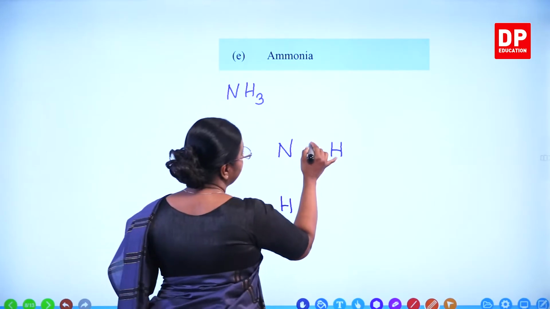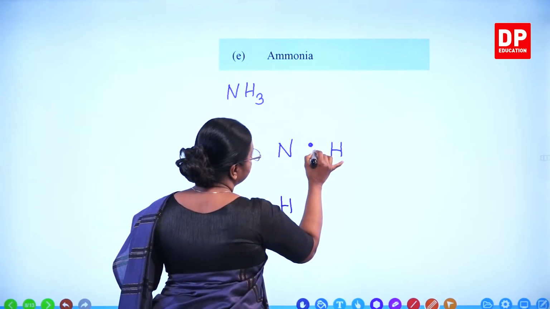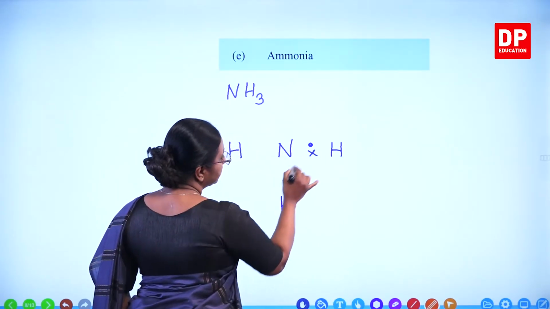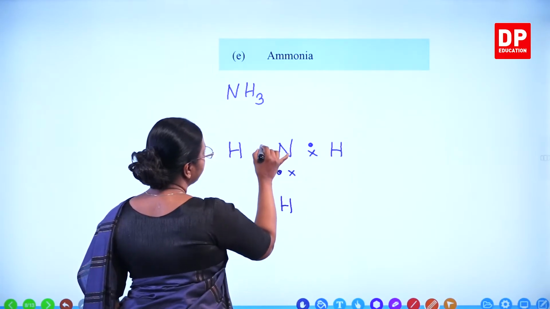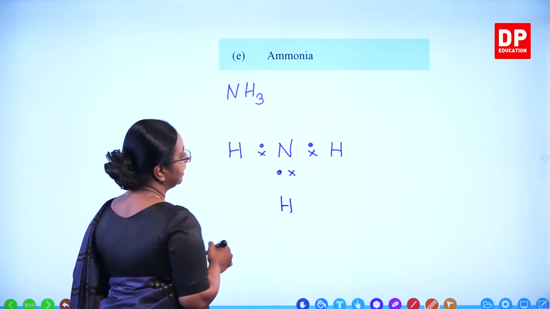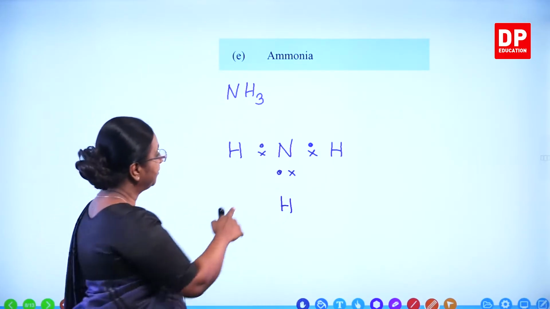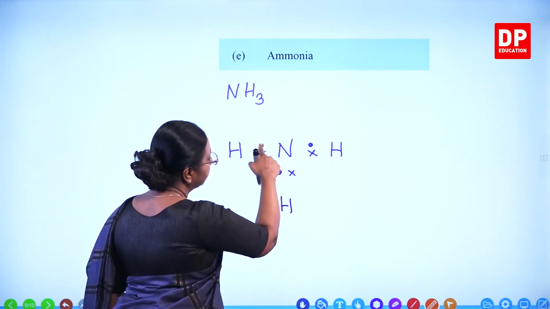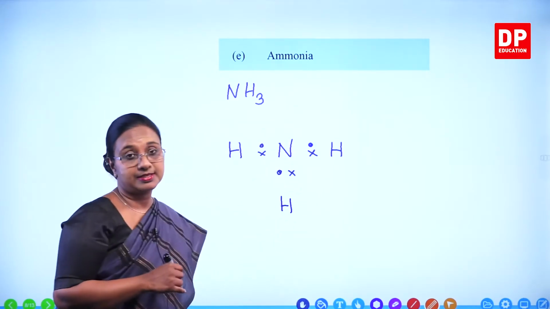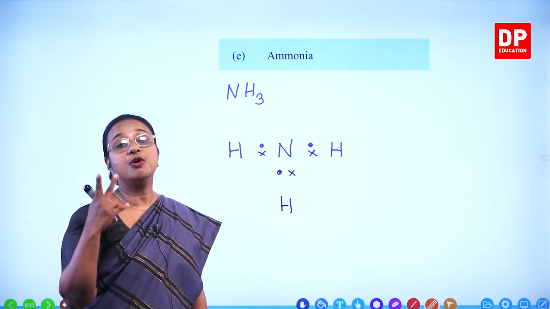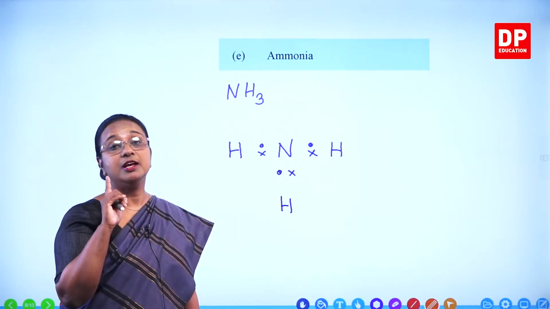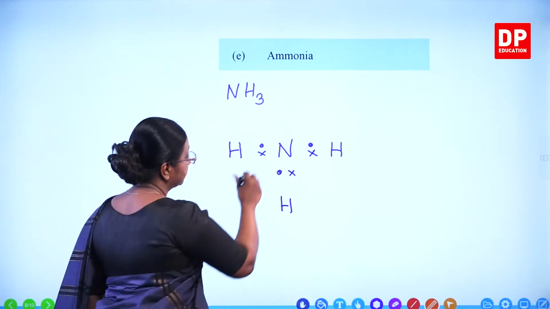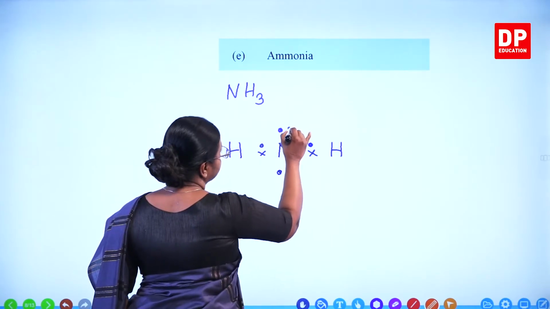So that means there are 3 single bonds, NH bond, then we have another NH bond and the other NH bond. Then if you count the total number of electrons, 2, 4, 6. There are 2 more electrons. So they exist as a non-bonding lone pair of electrons on nitrogen.